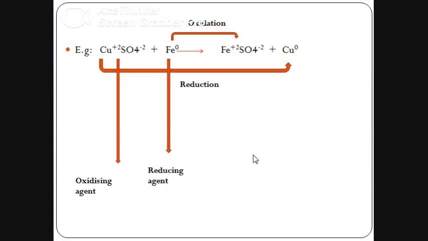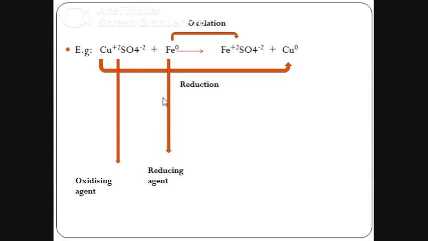So let us discuss this without getting involved in addition of oxygen or removal of hydrogen, or addition of hydrogen or removal of oxygen, to explain oxidation and reduction respectively. Here we will discuss the modern concept of oxidation and reduction, that is, oxidation involves removal or loss of electrons and reduction involves addition or gain of electrons.